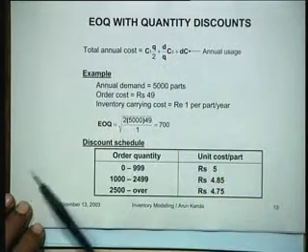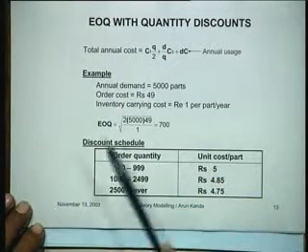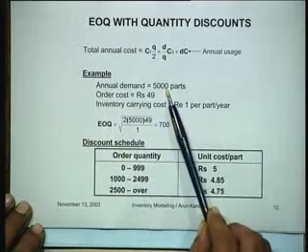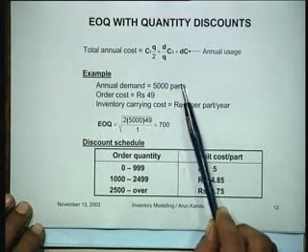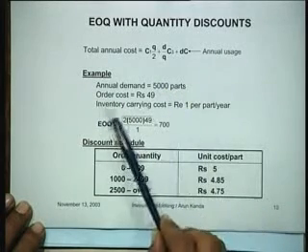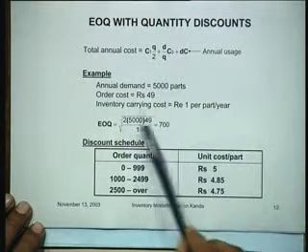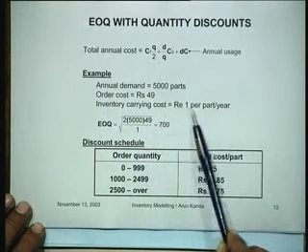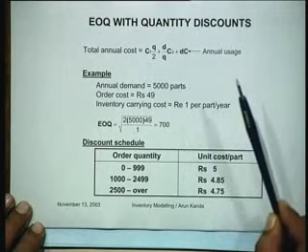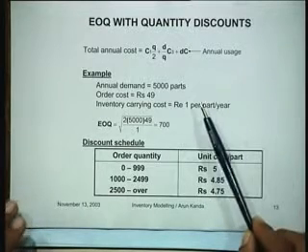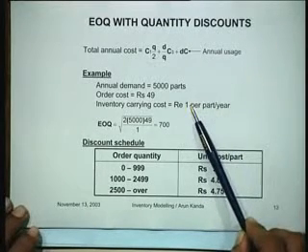So if you take a small example, let's say that the annual demand is 5,000 parts for a certain item, the order cost is rupees 49, and the inventory carrying cost is rupee 1 per part per year. To store each part per year we are paying a cost of 1 rupee.